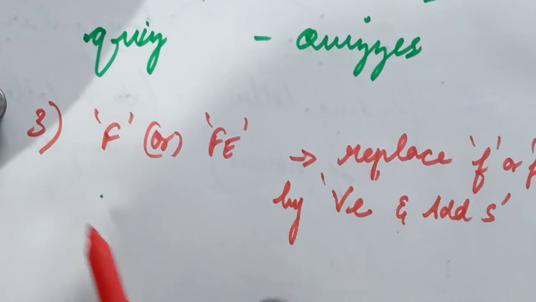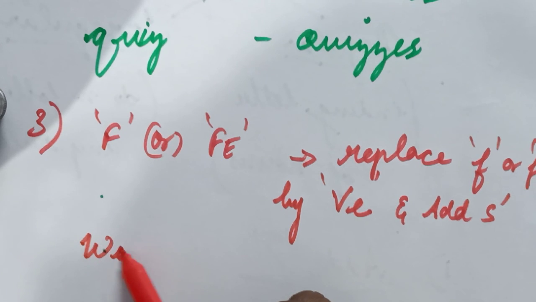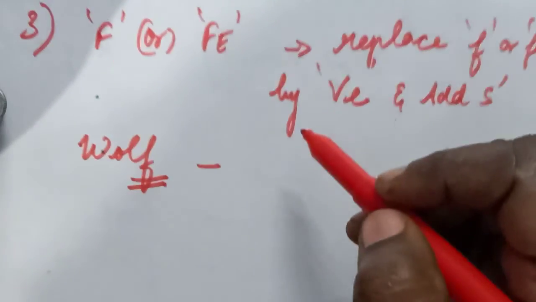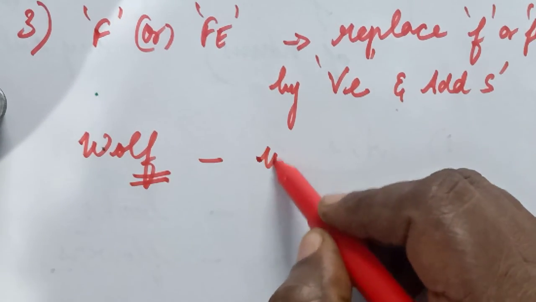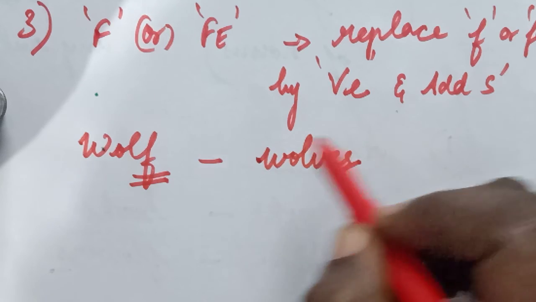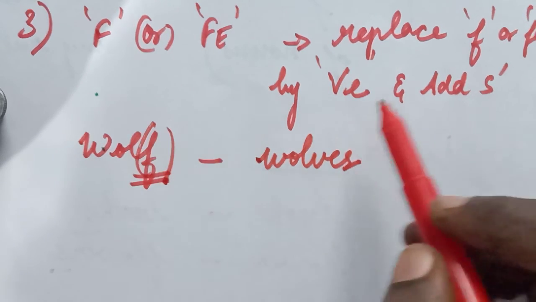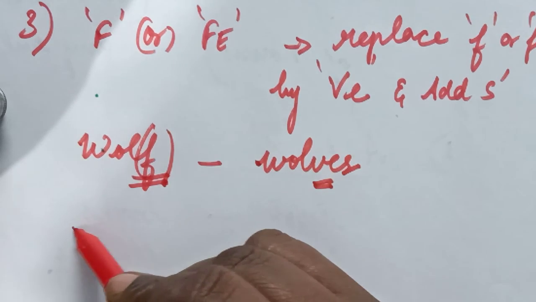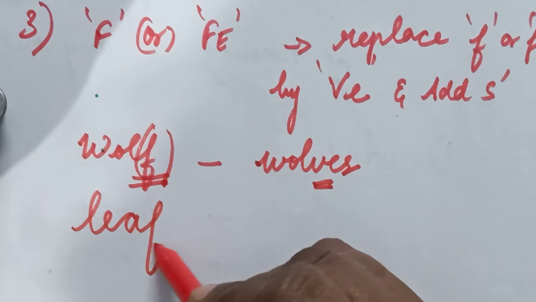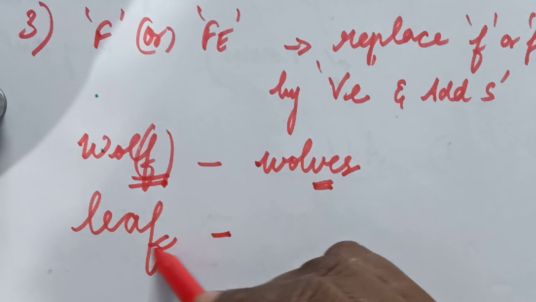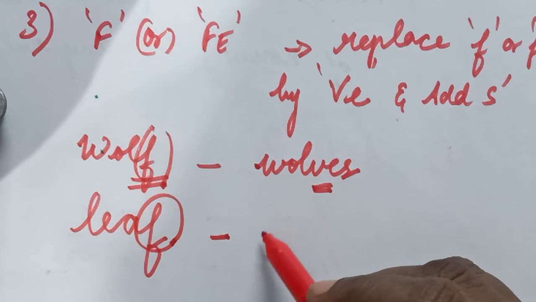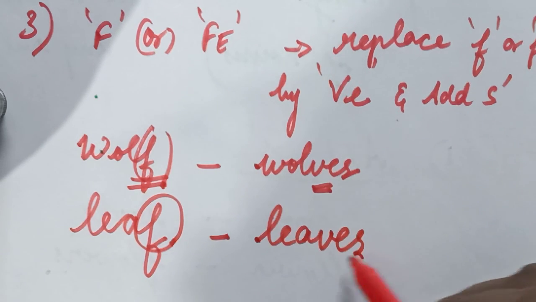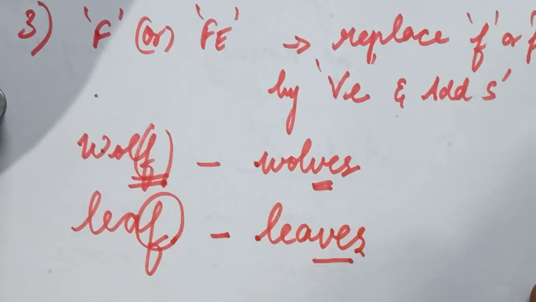You can see here, wolf. Okay, it's wolf. Here it ends with F. And now we are going to replace it to get wolves in plural. So here we have just cancelled this F and replaced it by VE and added an S. Similarly, you have leaf. You have to replace this F with VE and add an S. Leaves. This is the plural form of leaf. Understood?